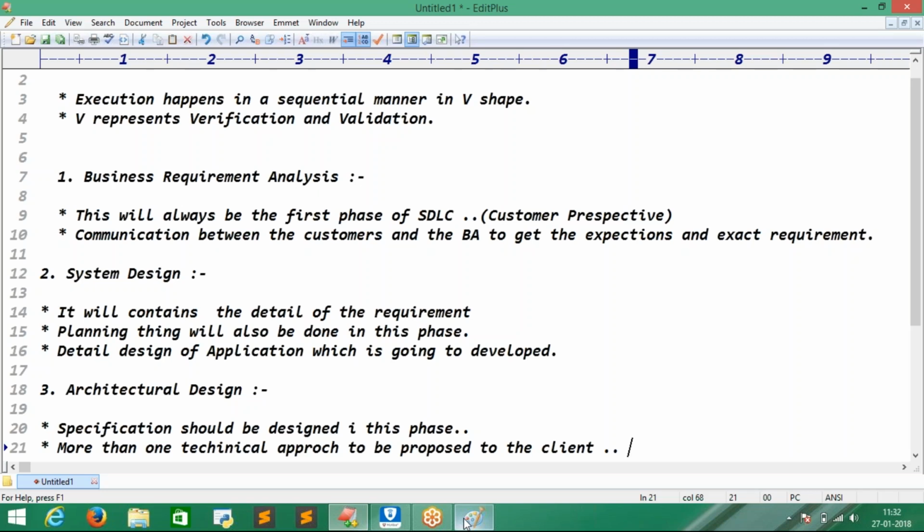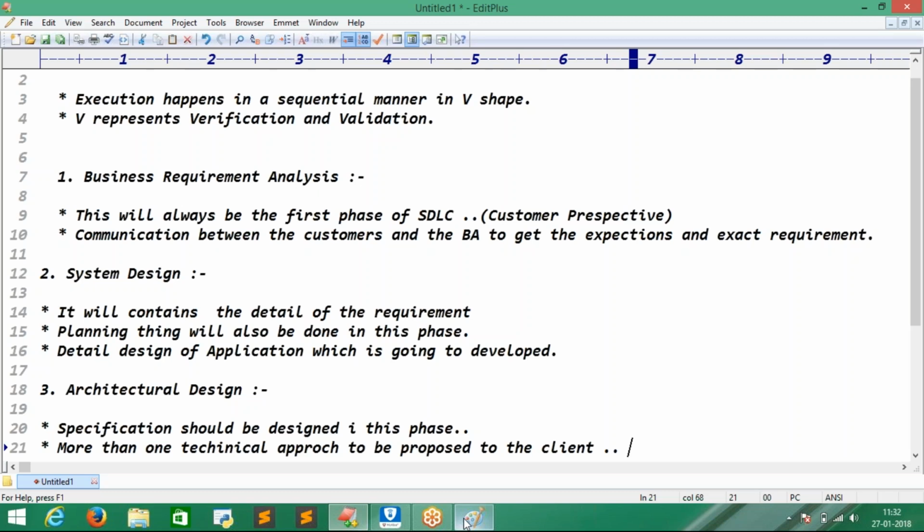Already 5 months have passed, the customer has paid a lot of money, and the people working under you have worked very hard and put in a lot of effort. But when the customer says no, you need to start again from scratch.